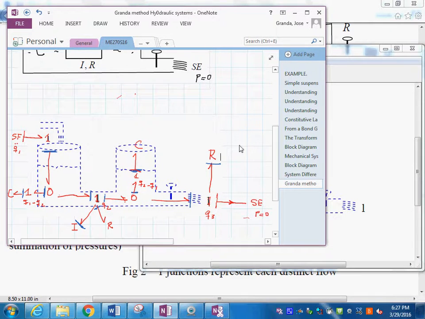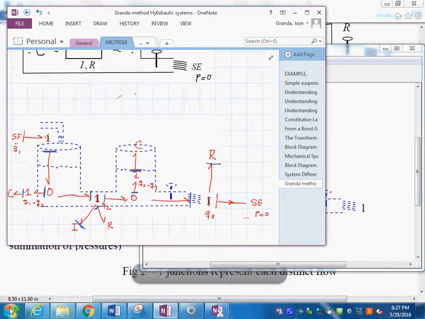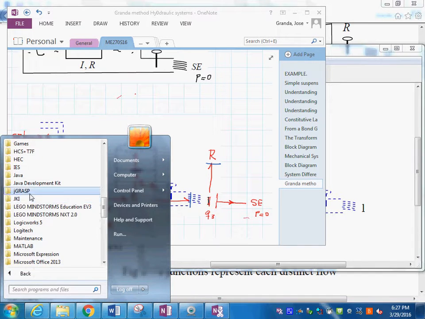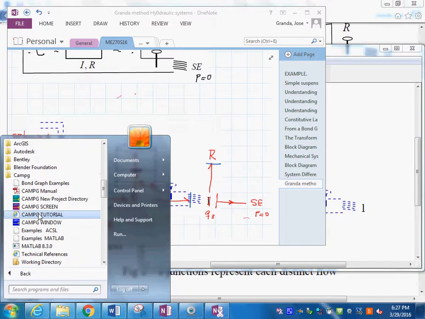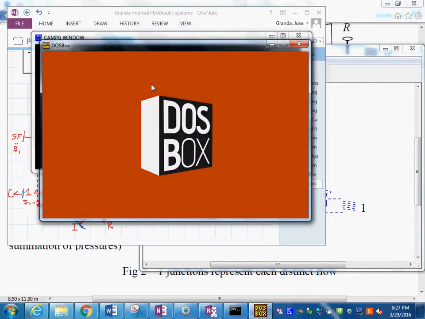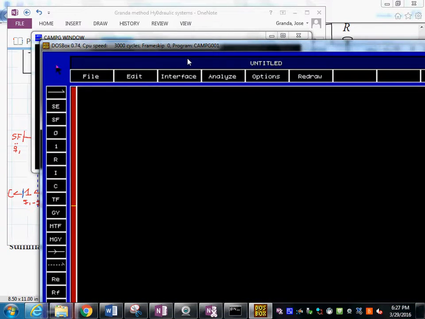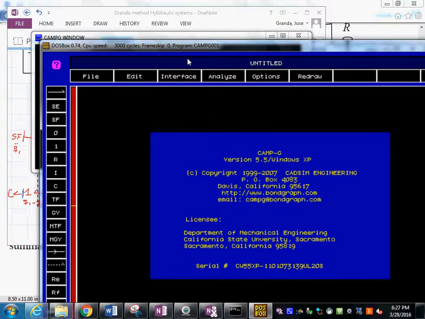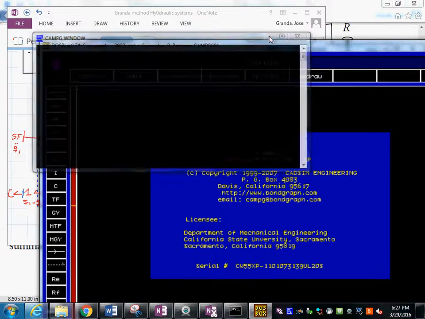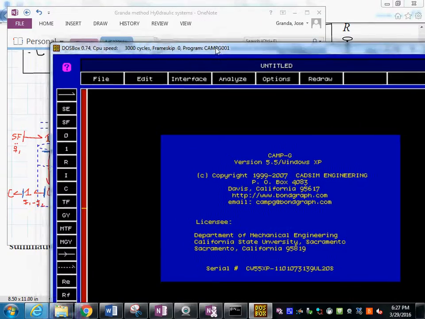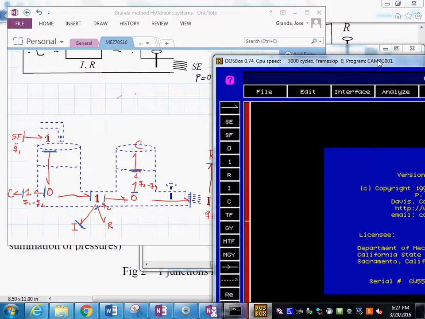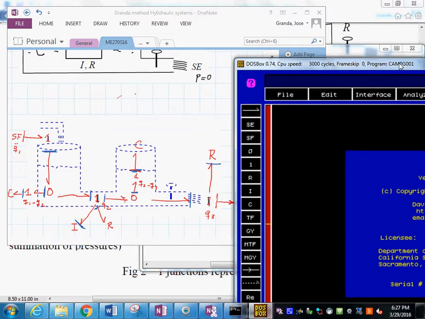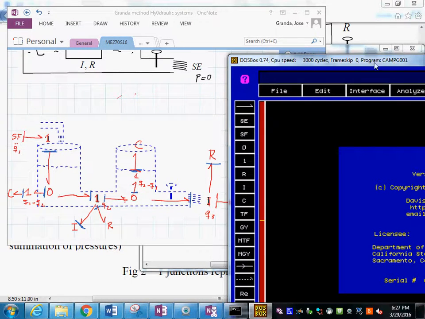So we go over here and see if the CAMG software wakes up, and I'm going to run this so that we can enter the bond graph model over.